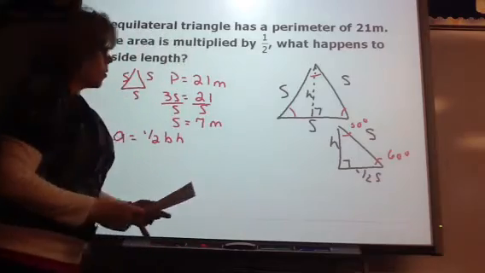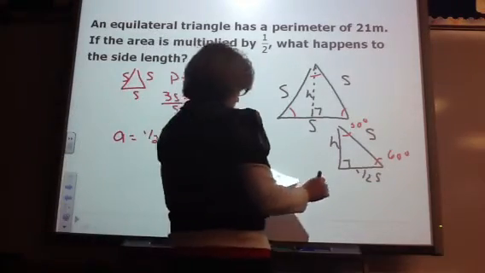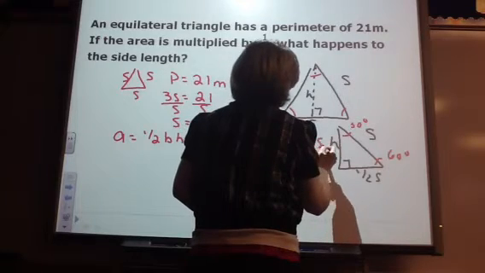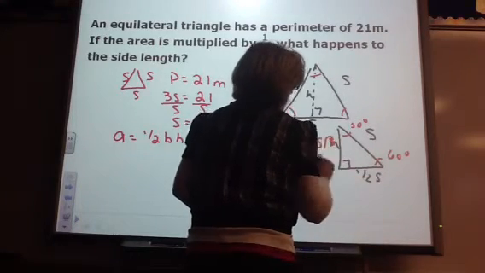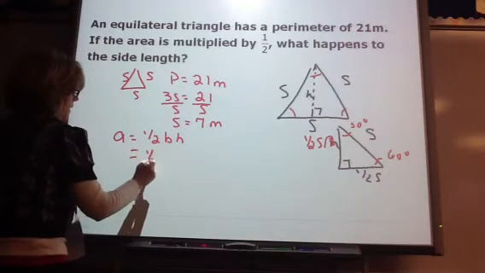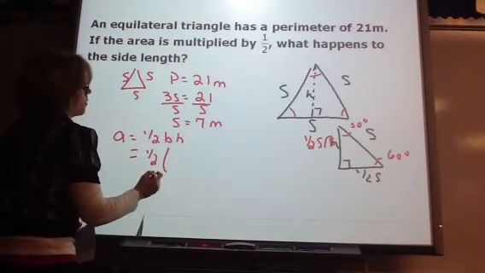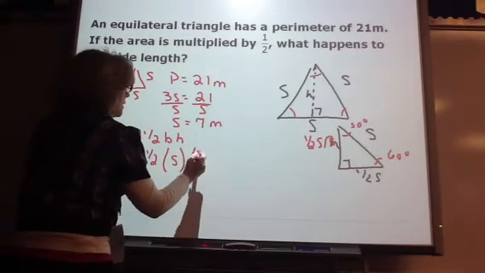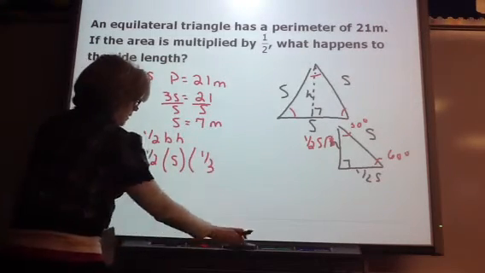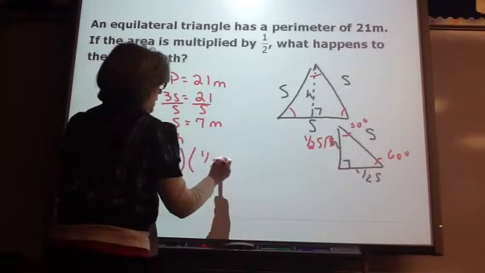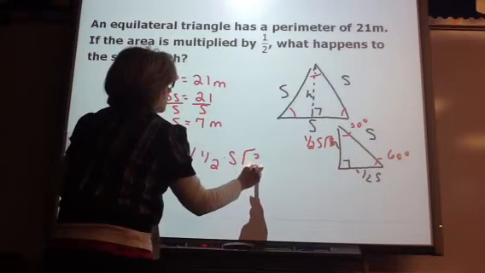So by using your 30, 60, 90 rule, h is going to be 1/2 s square root of 3. It's what this is right here, okay? So we have 1/2, our base is side, our height is 1/2 times our side times square root of 3.